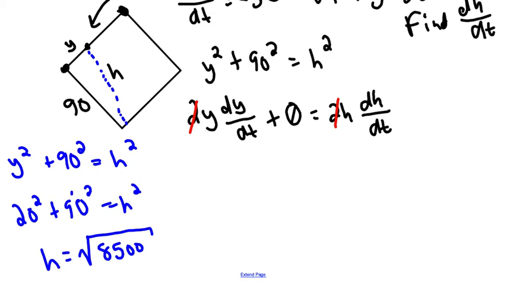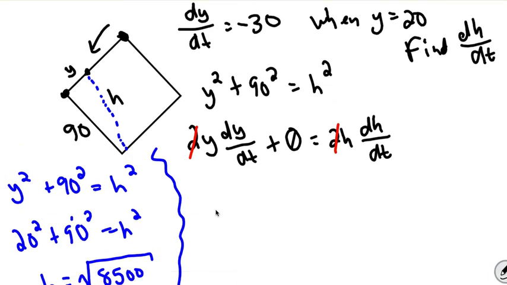Let me double check that. Yeah, 8,500. Okay? Now, I'm going to leave it like this. This is what I was saying before. For my final answer, I'll round it, but when I'm doing the problem, I'm just going to leave it as square root of 8,500. So h, I'll plug that in later.